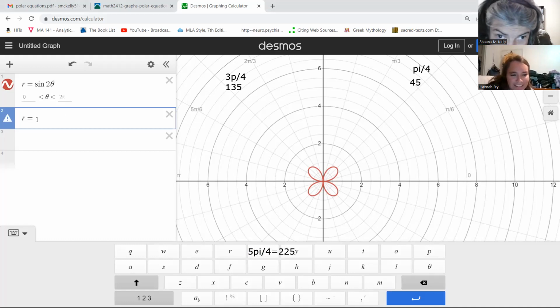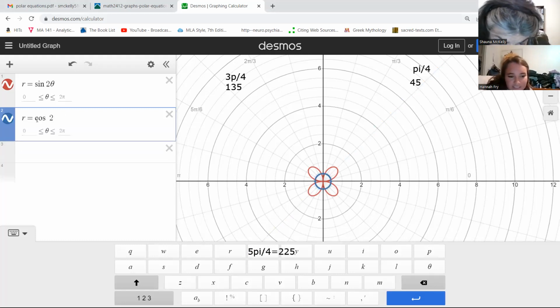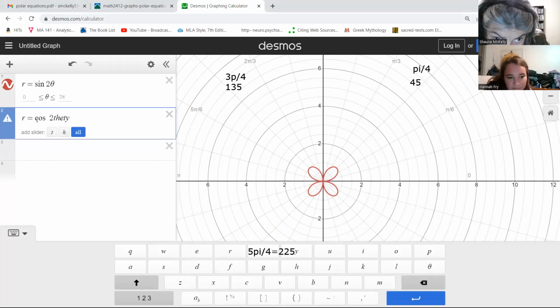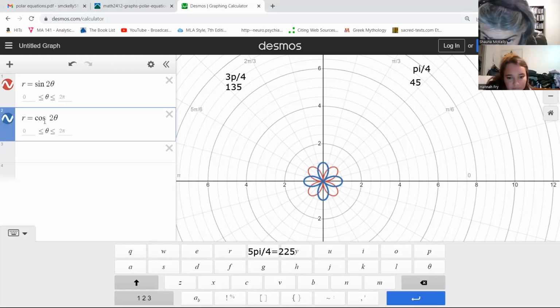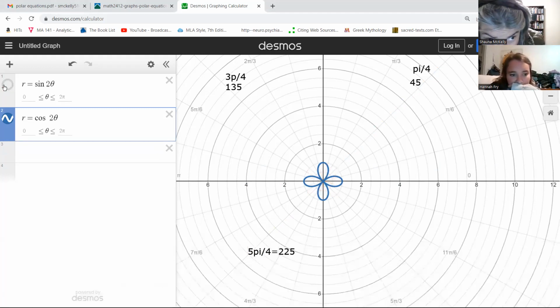If you do cosine of 2 theta, that's the blue one, you end up with the same 4 petals, not 8. Let me turn off the red one temporarily. You end up with the same 4 petals, right? But if you're doing cosine, your maximum occurs at 0. Remember, it goes to 0 and falls.